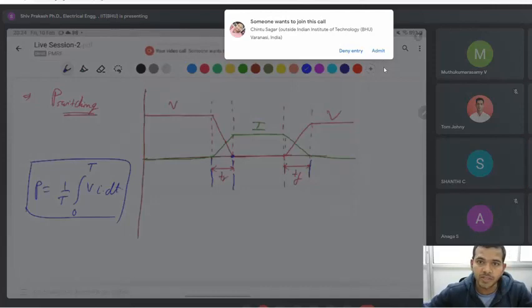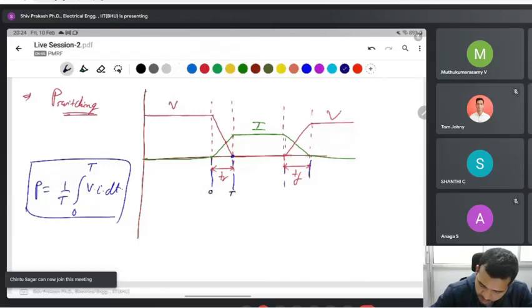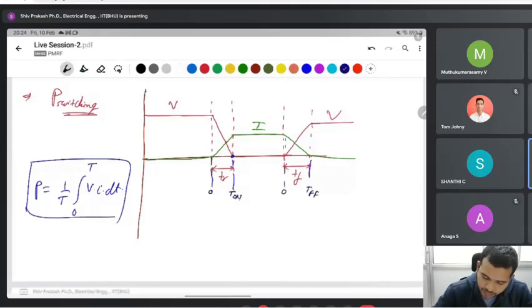For easy calculation, I will take it like that. This is the 0 value, this one T on, and this one 0, this one T off value. Then find the expression of the signal. This one is the current signal, this one is the voltage waveform.